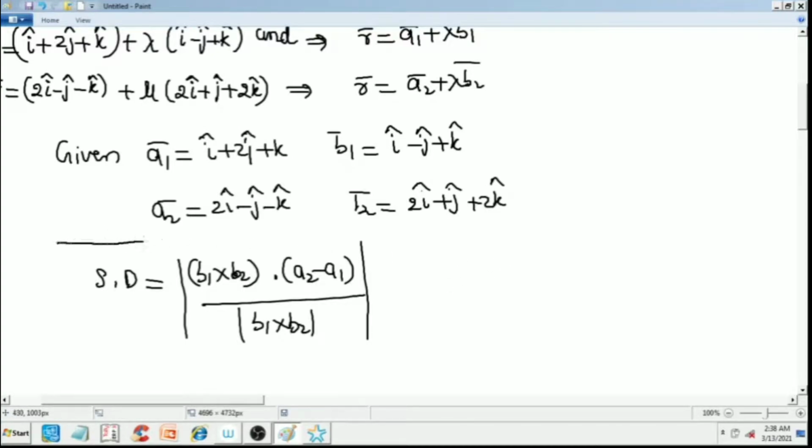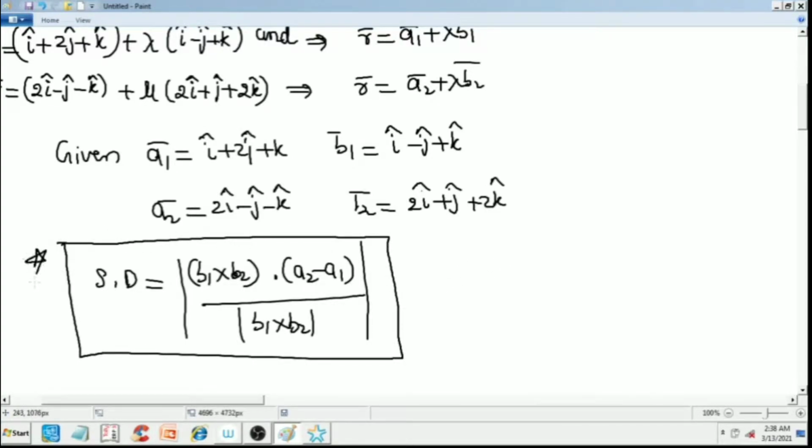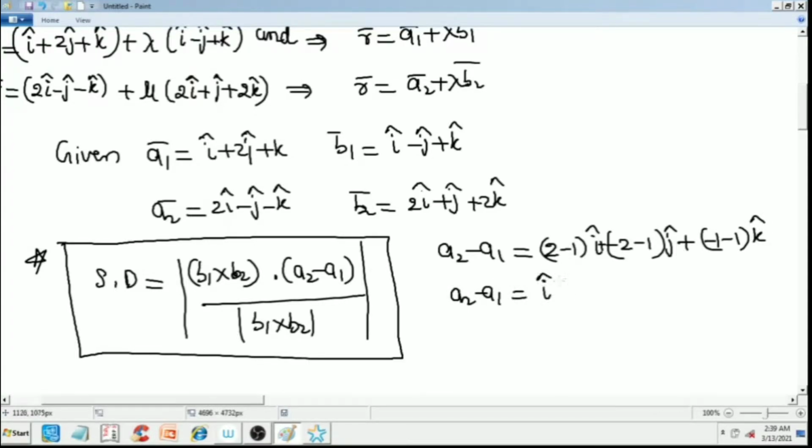The i component is 2 minus 1, which is 1. The j component is minus 1 minus 2, which is minus 3. The k component is minus 1 minus 1, which is minus 2. So a2 minus a1 is i minus 3j minus 2k.